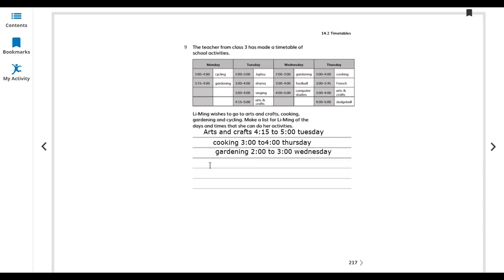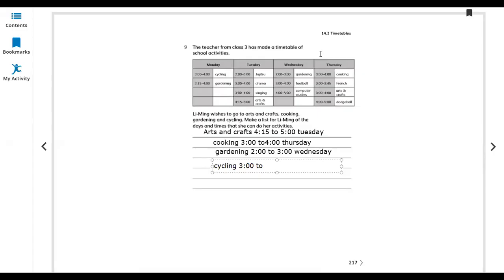And after this, cycling, the last thing, 3 o'clock to 4 o'clock. The day is Monday.